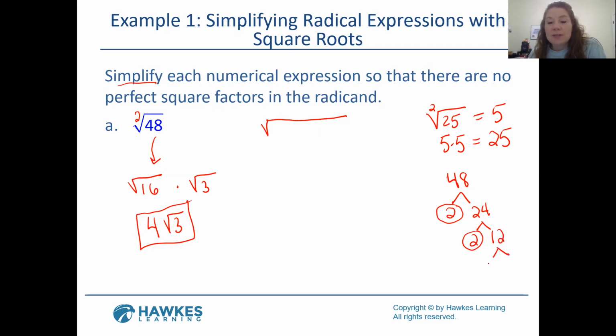I know 12 is divisible by 2. 2 times 6 is 12, and I know that 6 has 2 prime factors, 2 and 3. So I have 1, 2, 3, 4 2s, and I have the number 3.